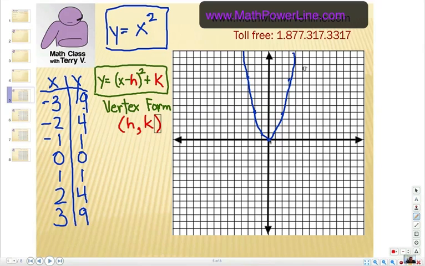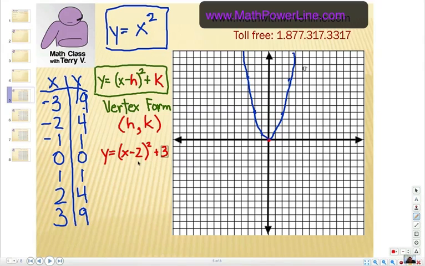Now notice that in the parent function, those are both 0. x minus 0 is still x. So there we go, x squared. And if you're adding 0 for the other part, obviously that's still going to be y equals x squared. So your vertex, when you look at that, is going to be at 0, 0. All right? So let's look at this example and see what happens. y equals x minus 2 squared plus 3.